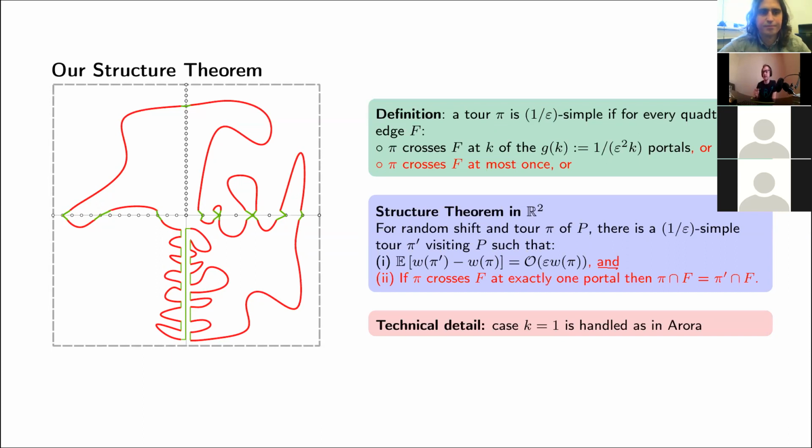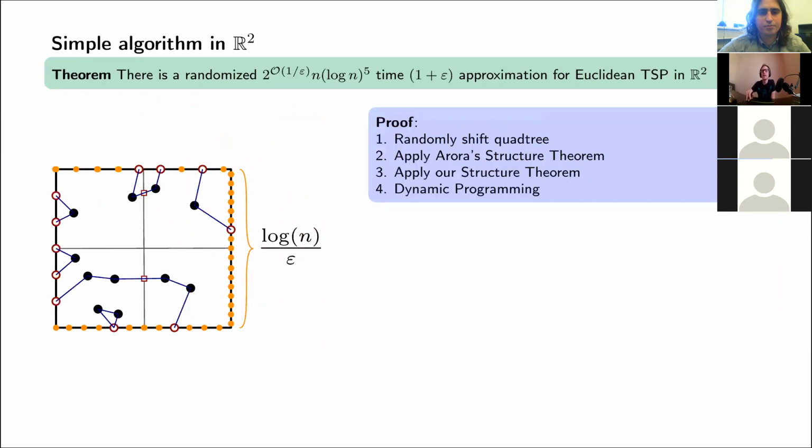It will only guarantee us that it can cross exactly at one point. So we will have to guess it somehow, but we will use Arora's structure theorem to guarantee that it is only crossing through these log n over epsilon portals. And that is basically it. That's the structure theorem that we are having.